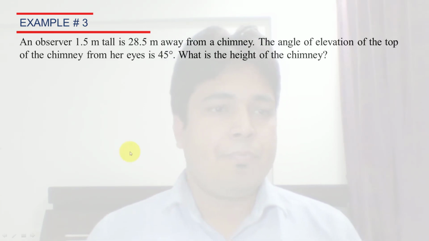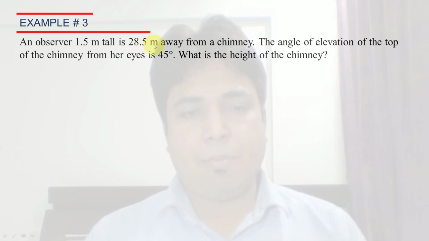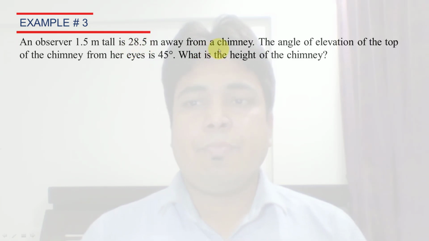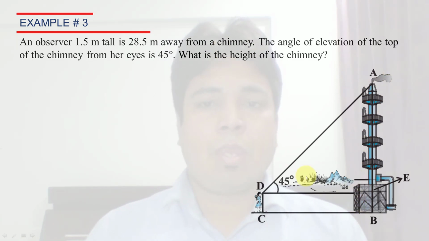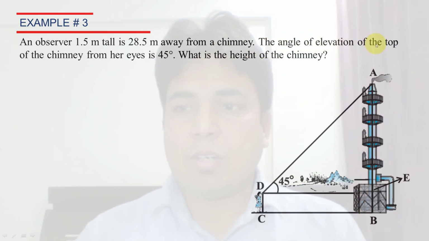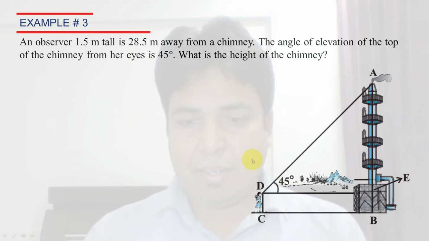Example number 3. An observer 1.5 meter tall is 28.5 meter away from a chimney. As you can see, this is a chimney. The angle of elevation of the top of the chimney from her eyes is 45 degree.